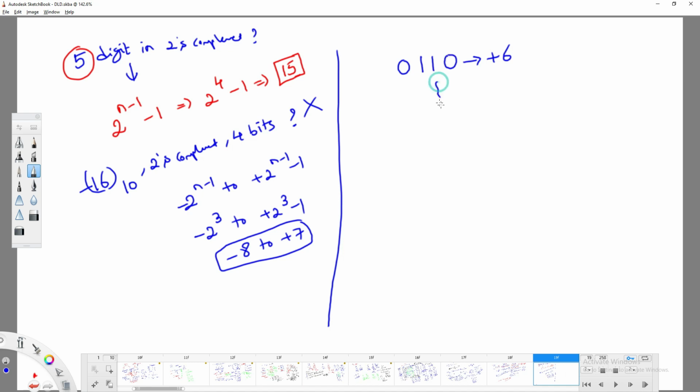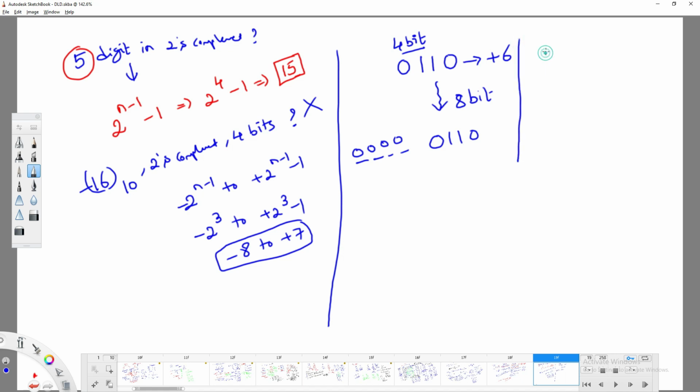Can I extend it to something like an 8-bit system? My point here is it is a 4-bit system, so I can write 0110 for positive 6. Can I extend the same to an 8-bit system? Yes, I can. What you can do simply is add the remaining 4 zeros. There is no problem. What about if it is minus 6?